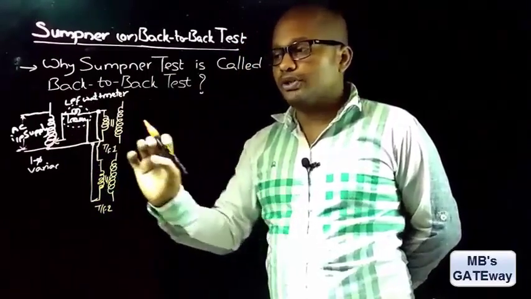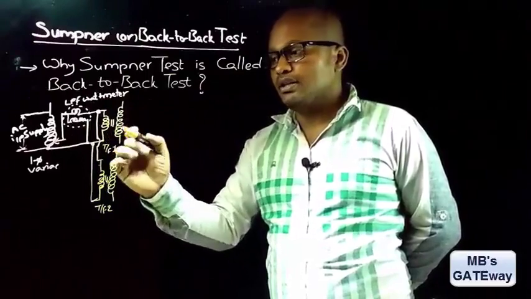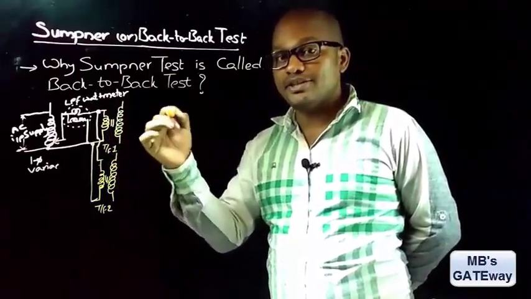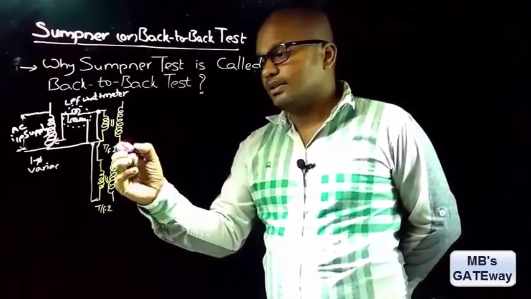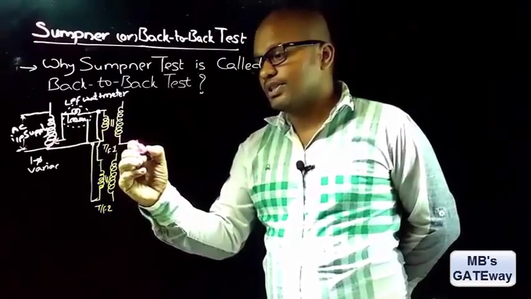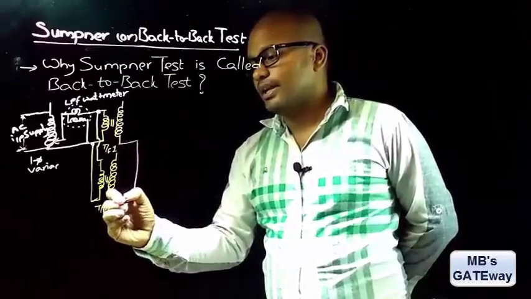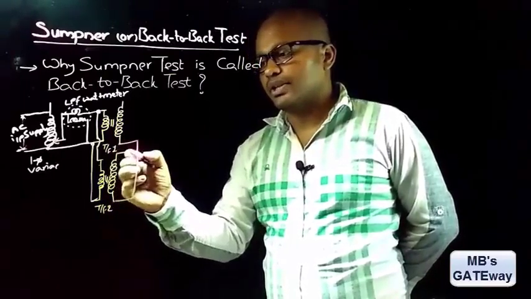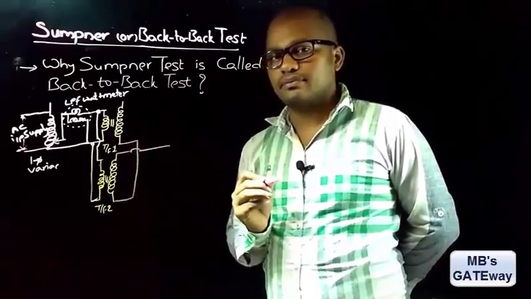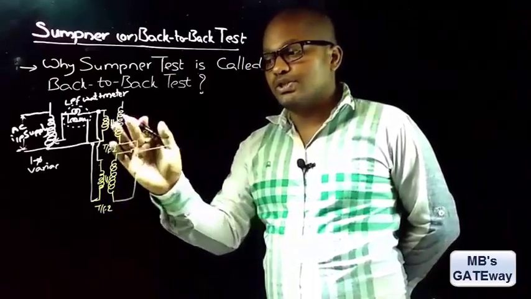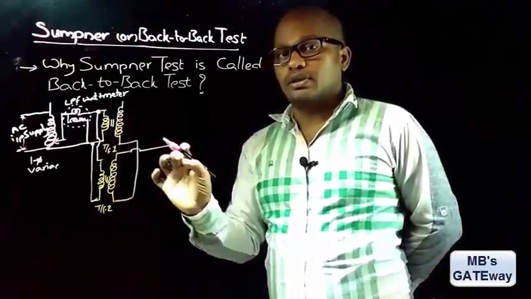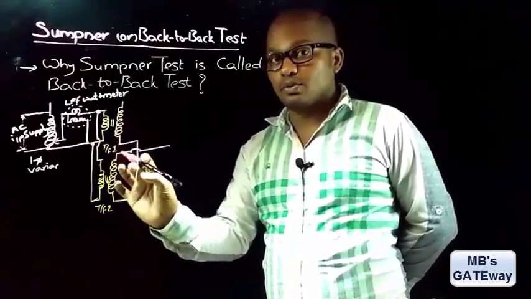And the important point that you must make a note of here is that the secondaries of these transformers are connected in series with phase opposition. That is, the end point of this transformer is connected to the end point of the second transformer, and the other end of the transformer is brought out like this. Means these two are connected in series but in phase opposition, means in subtractive mode.